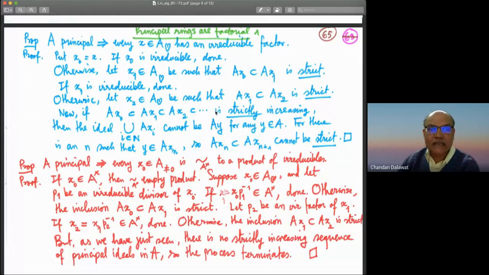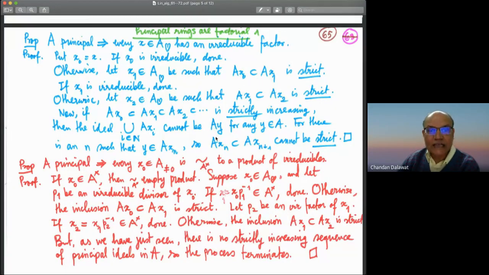I claim that this cannot happen. This has to terminate at some point. In order to show that, let's look at the union of all these ideals. Suppose it goes on, and let's look at the union. And that union is, of course, an ideal of the ring A. And as every ideal in the ring, it has to be principal.